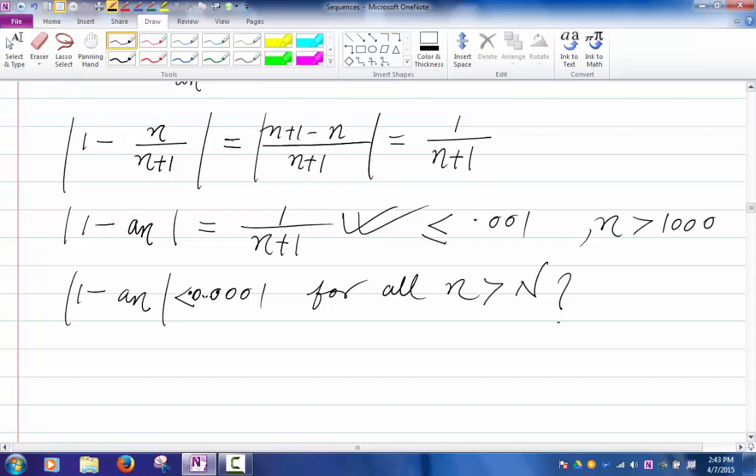Of course I can, simply by picking n larger than what? If you want to make it within 0.0001, instead of picking 1,000, you're going to pick 10,000. You put another 0 after the 10,000, and so on. Is everybody clear?